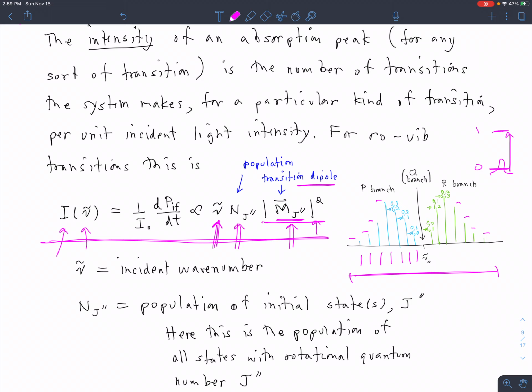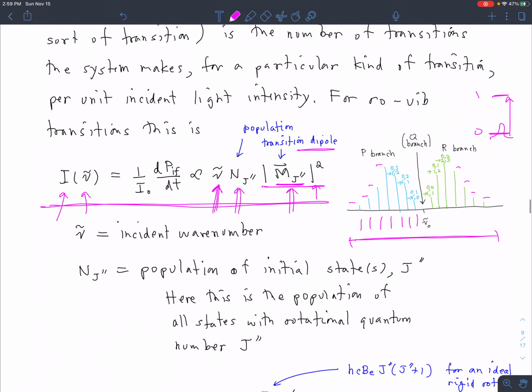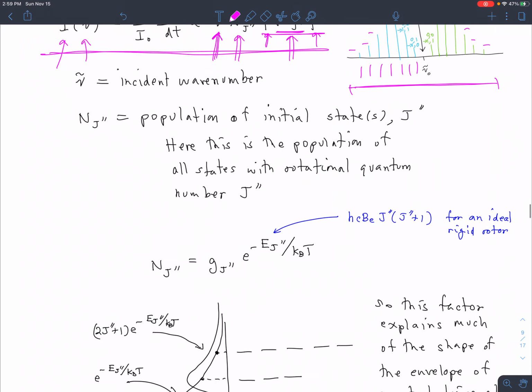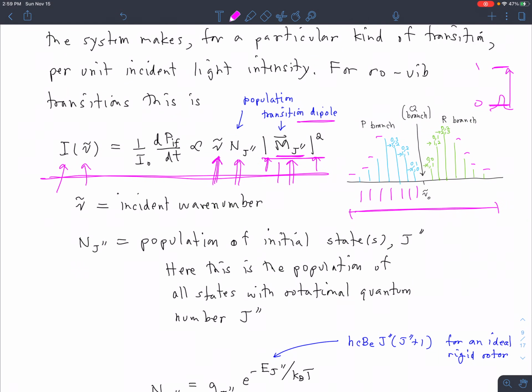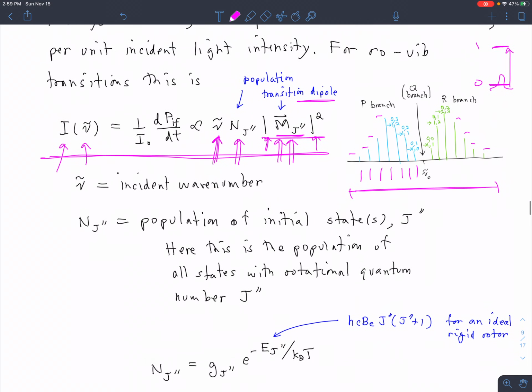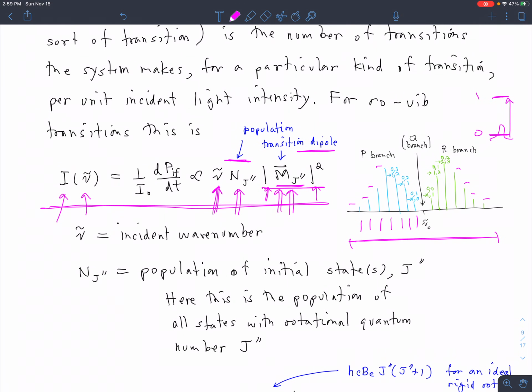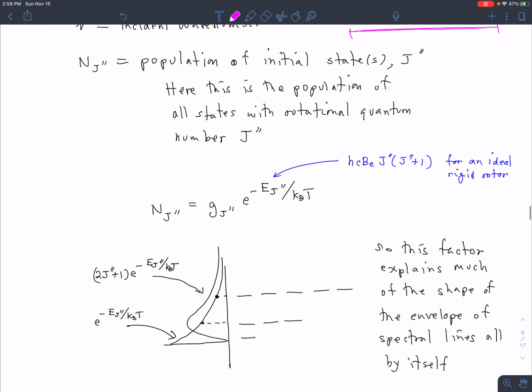It's beyond the level of this little lecture to talk about where this comes from. It comes from perturbation theory and quantum mechanics, honestly. But we will talk a little bit about what that transition dipole moment is down below. In the meantime, let's talk about this population factor, that's easier to understand.